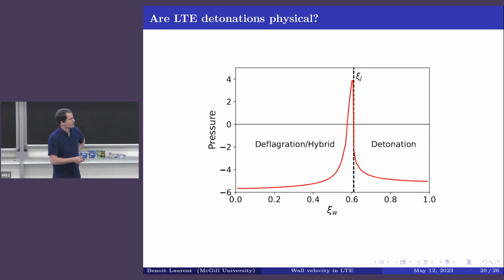But anyway, we also see that whenever we have a detonation solution, we will also be able to find a deflagration or hybrid solution, because of this pressure peak, essentially.